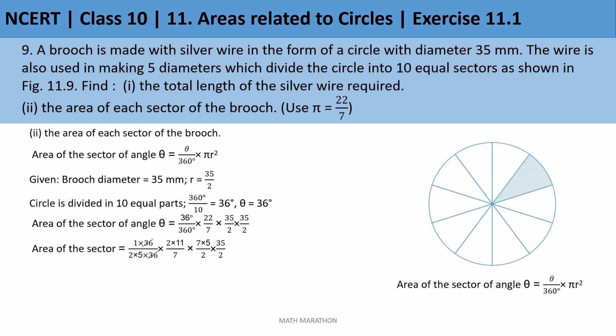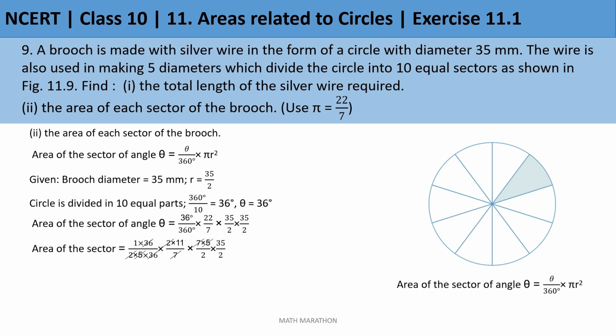In numerator and denominator, we have 36. We can cancel out 36. In numerator and denominator, we have 7. We can cancel out 7. In numerator and denominator, we have 5. We can cancel out 5. In numerator and denominator, we have 2.